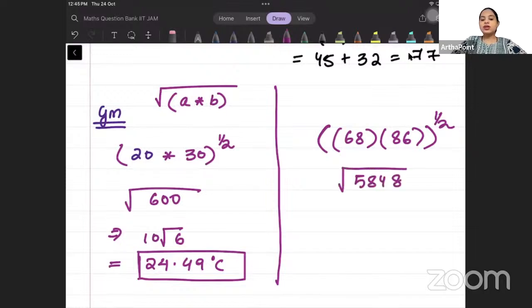And I just do the under root. So under root of 5848. And this is giving me 76.47 Fahrenheit. Right?